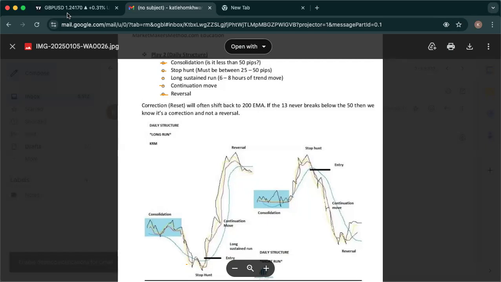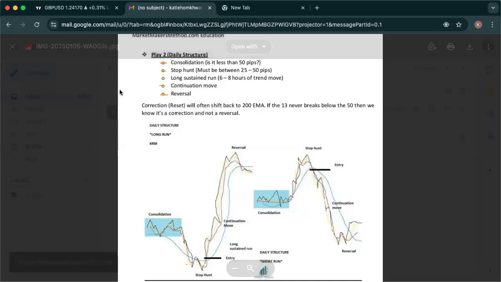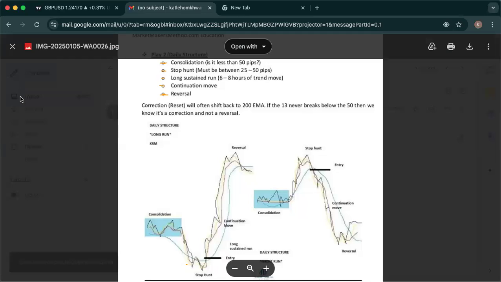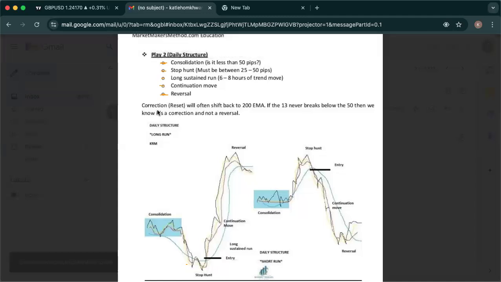While we are on this slide, can you kindly repeat the correction part, where it starts with "will often shift back to 200 EMA"? I don't get that part clearly. The problem is that it's now going advanced, and I had to explain things before this.